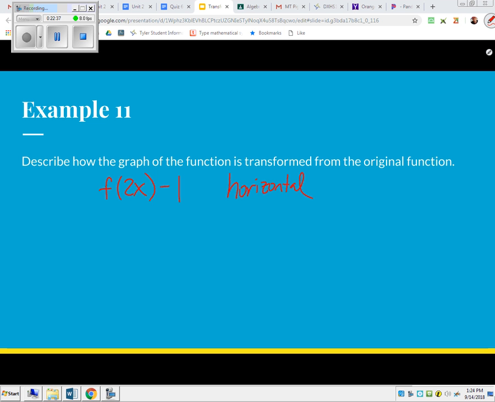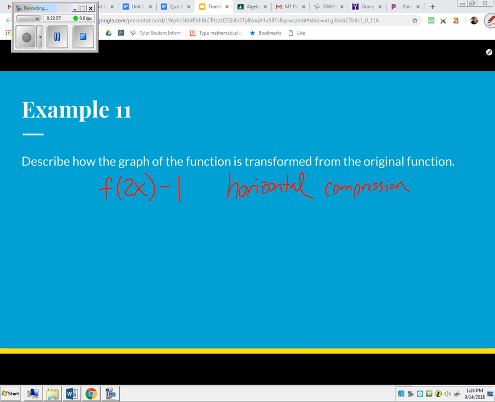Horizontal, and then you would think stretched by 2 because you're multiplying it by 2, so it would make it bigger, but it's opposite. It's a horizontal compression. Or squish, or whatever you want to call it. Is that it? What's that minus 1 doing? Is that reflecting it? It's moving down 1.